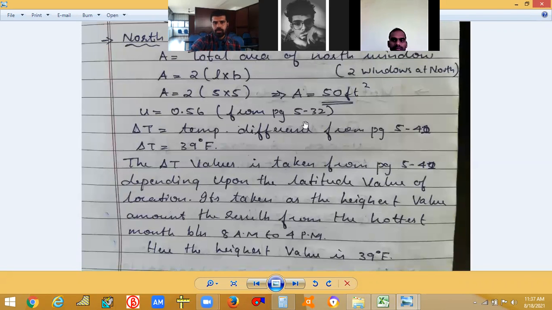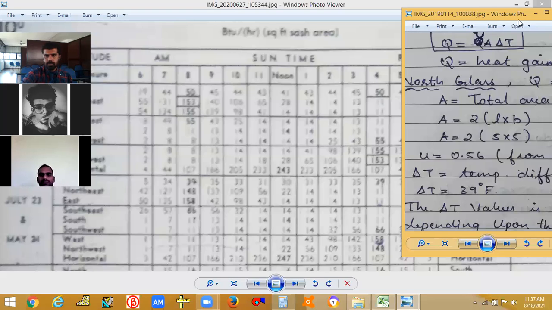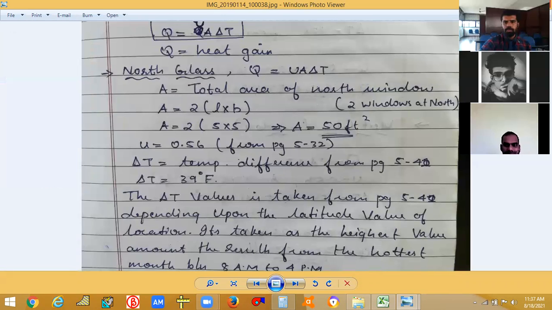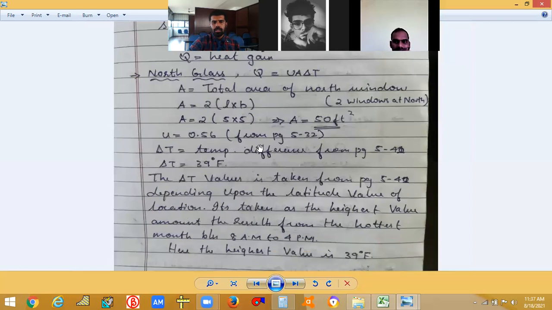So you got U value, you got A value, you got delta T value. Correct? Then you find Q value. You got all other values. You got U factor, you got area, you got delta T. Then you find Q, heat gain.